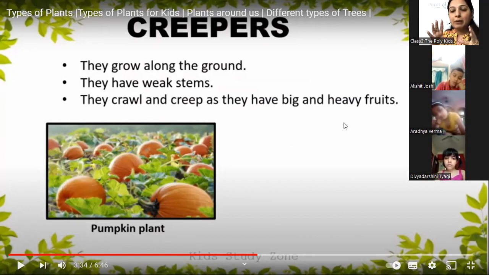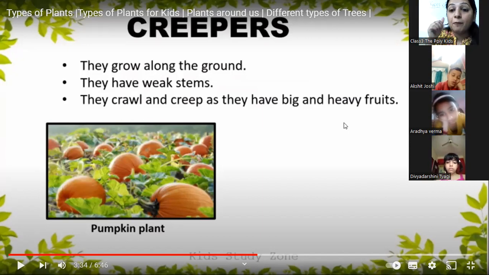Like we say to little babies when they are crawling. Crawling means they are not walking on legs, but they are walking on their hands and knees, crawling on the floor. Same is with creepers. They crawl, and they grow on the ground.